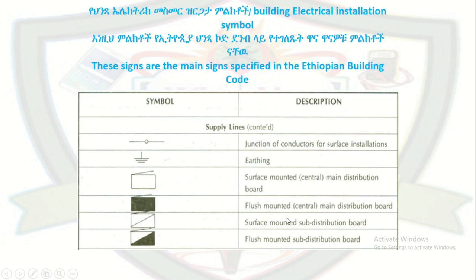This is flush mounted central main distribution board. When aligning this diagonal, we call it surface mounted sub distribution board. Half shadow, we call flush mounted sub distribution board.